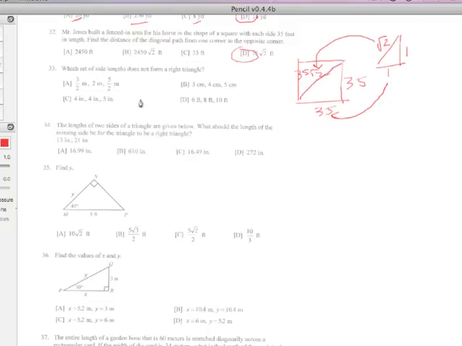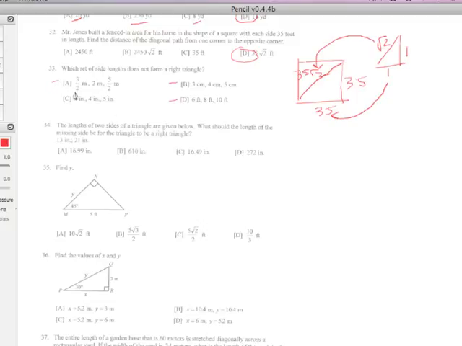Which set of side lengths does not form a triangle? Okay, well, we can have a 3, 4, 5 triangle, which means that we can have a 6, 8, 10 triangle, and here they divide each one by 2.